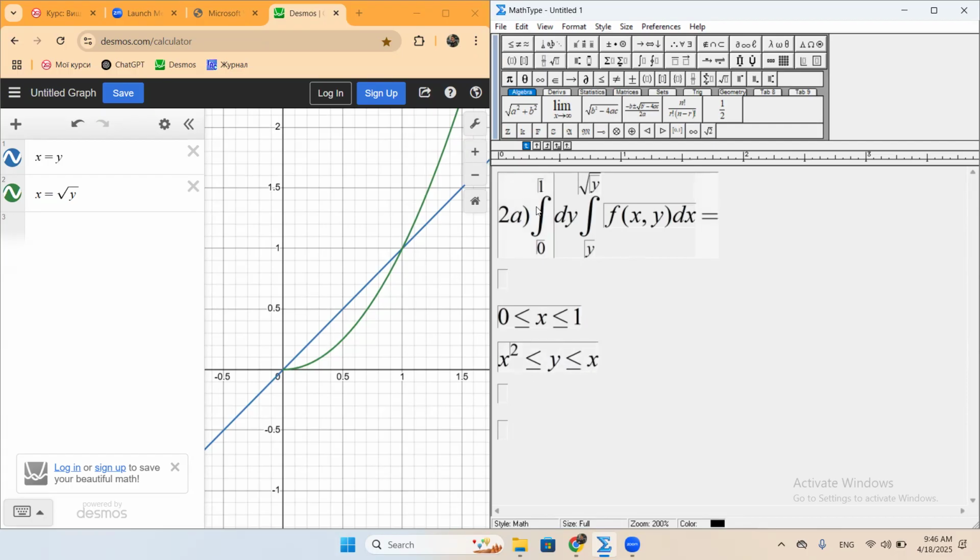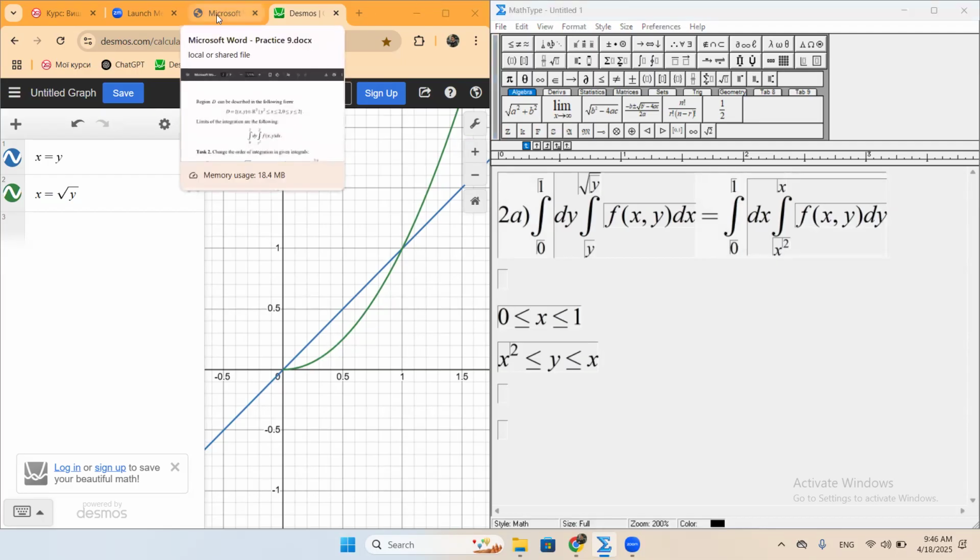And now we can write down the new limits of integration. And don't forget to change variables of integration here. So exercise A is done.